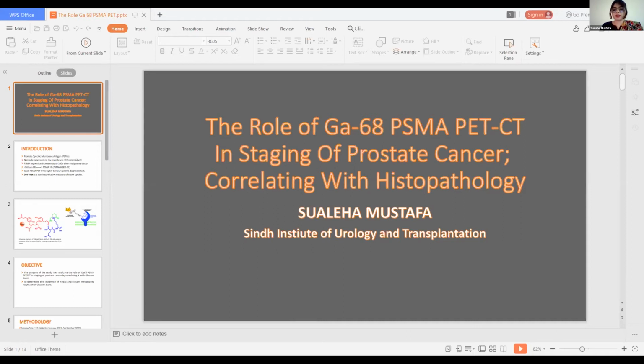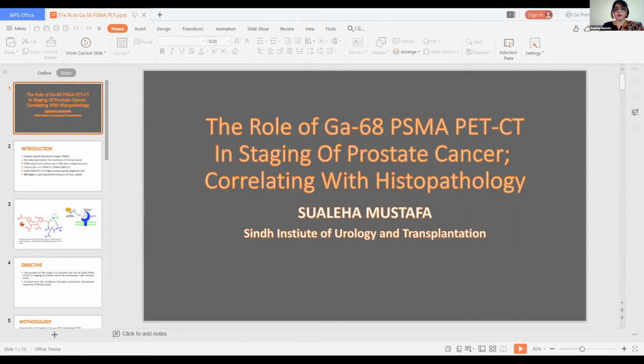So when there is a malignancy, when there is a tumor, this expression increases up to 100-fold. So what we do for a PET-CT scan is that we take the generator eluted gallium-68 radioisotope, and we label it with the PSMA-11, which is a complex structural chemical, and then they bind together, and then we inject this radiopharmaceutical into the patient's body according to its weight.